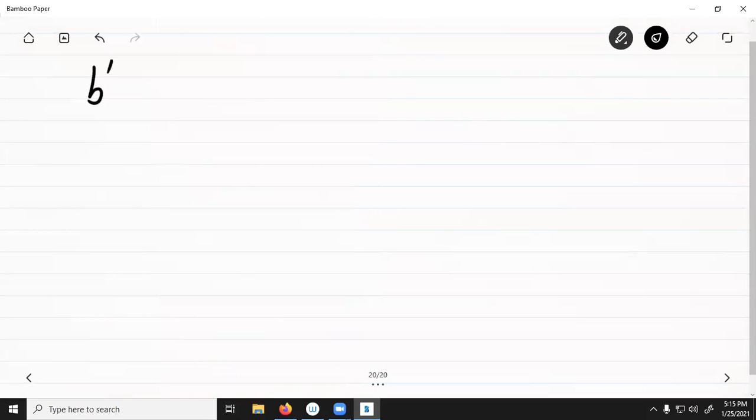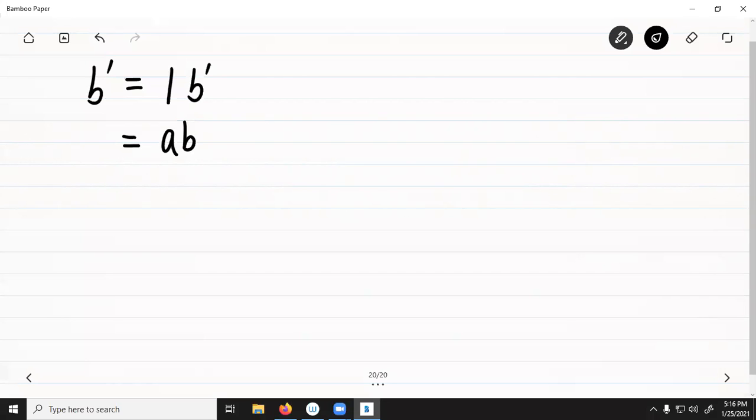Okay, so we start from B prime. B prime is equal to 1 times B prime, right? No problem. 1 is the multiplicative identity, right? Identity times anything equals that number. This is the definition for the multiplicative identity, 1. Then we also know that any number A times its multiplicative inverse would be equal to 1, right?